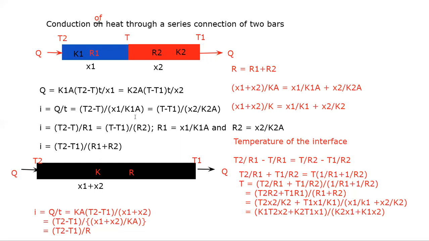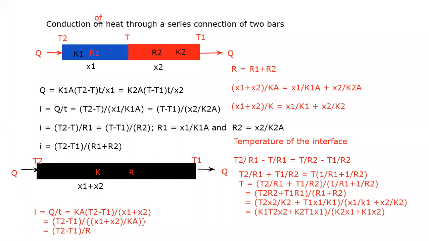So from this, I is equal to (T2 minus T) divided by R1, and equal to (T minus T1) divided by R2, where R1 is equal to x1 by K1A and R2 is equal to x2 by K2A. Now, if we apply componendo, we get that I is equal to (T2 minus T1) divided by (R1 plus R2).